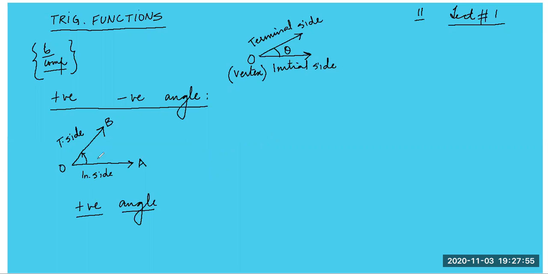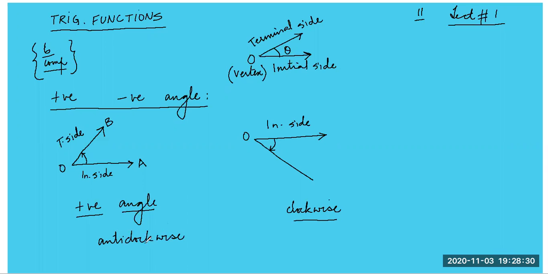So angle taken in the anti-clockwise direction is positive angle, whereas students, this is my initial side, and if I take an angle from the initial side in the clockwise direction, I'm sorry, this is clockwise direction, this is anti-clockwise. So anti-clockwise angle is always positive angle.